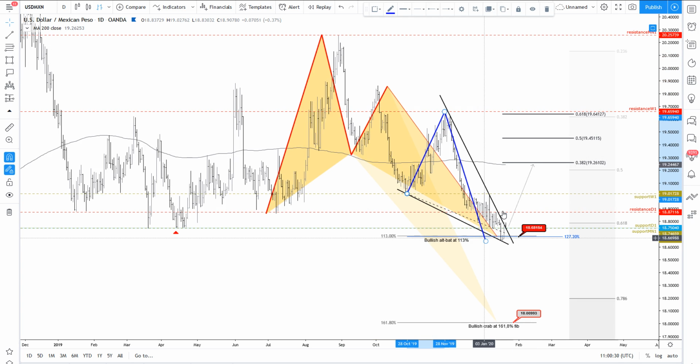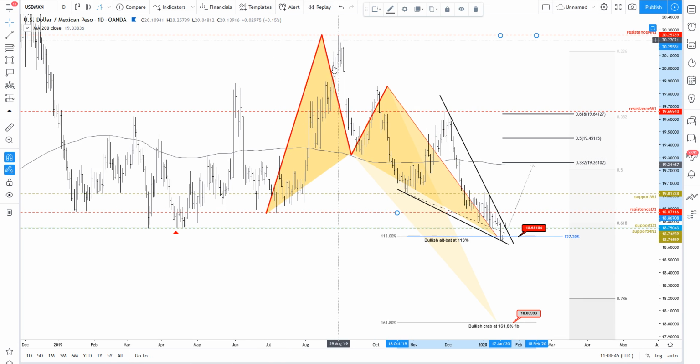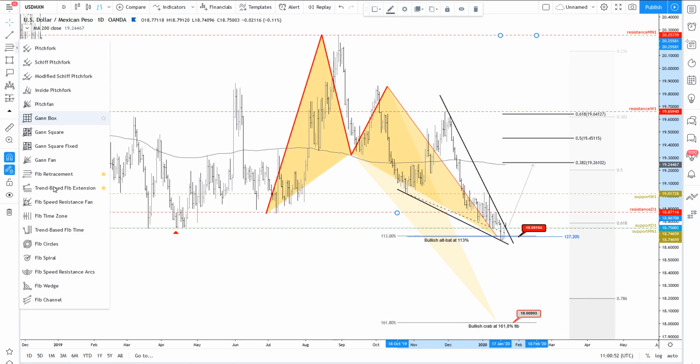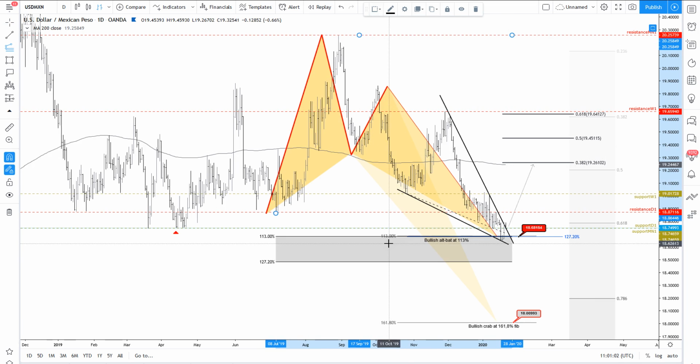And increasing the probability for that move, we have this alt-bat pattern at 113% Fibonacci. Actually, it's a 113% Fib from all these bullish swings here, extended a few points below, so we push our Fibonacci extension tool and we project this swing high, swing low, and we search for the 113% Fibonacci extension.